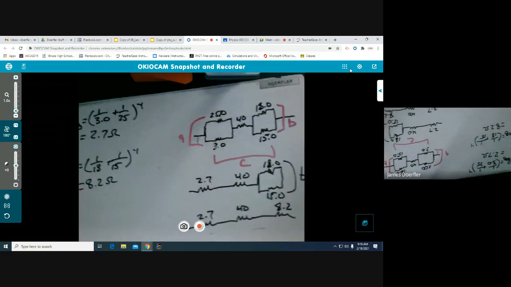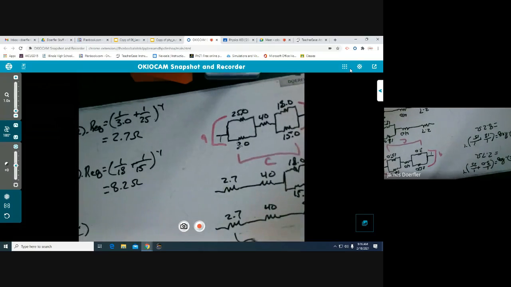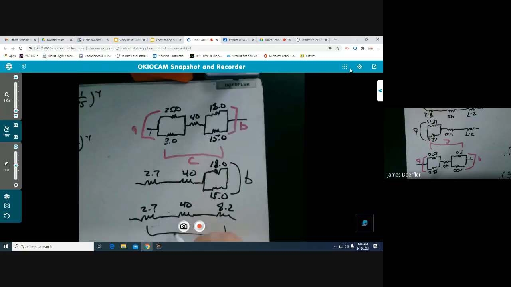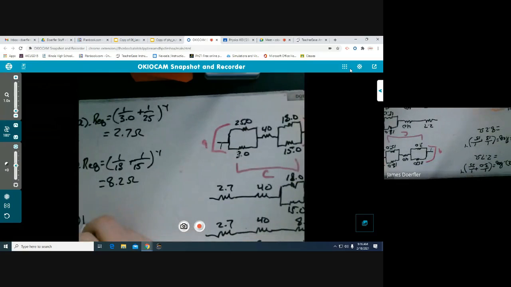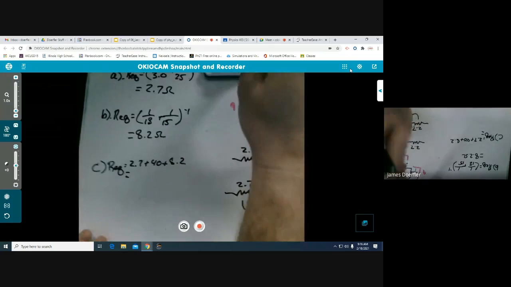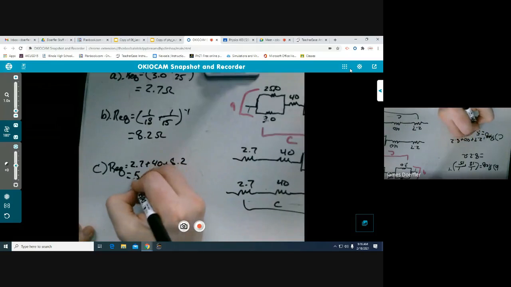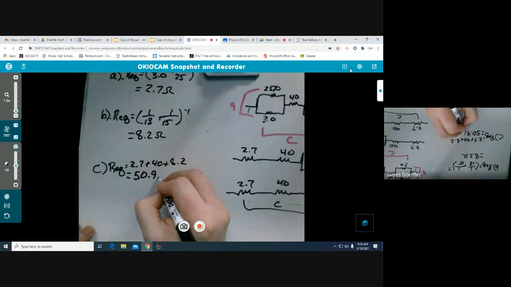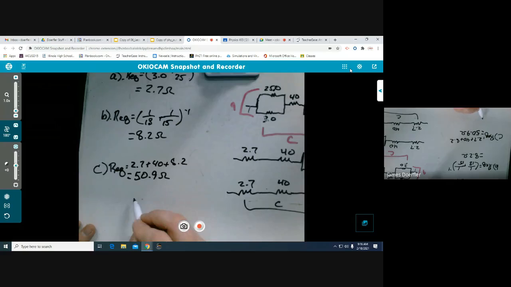And so for group C, which is everything else left here, you have basically 2.7 plus 40 plus 8.2. What is the equivalent resistance? 50.9 ohms. In a simplified circuit, it looks like this.